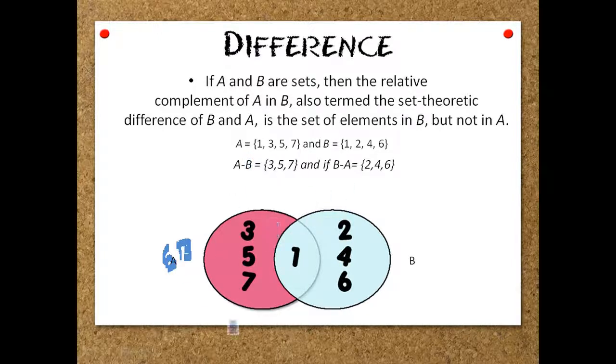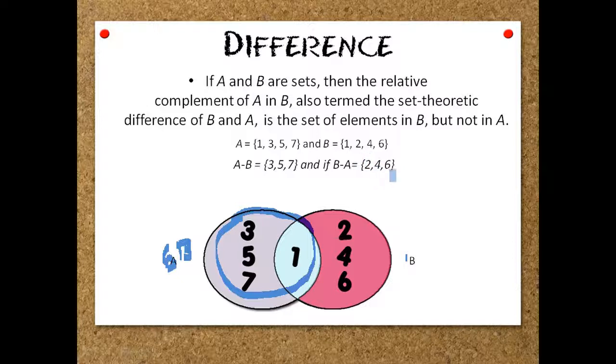That will be the same with B minus A, or B difference A, and the answer will be 2, 4, 6, because we are not going to include the whole A in B. Anything that is inside B but not in A is selected in our answer, which in our case is 2, 4, 6.